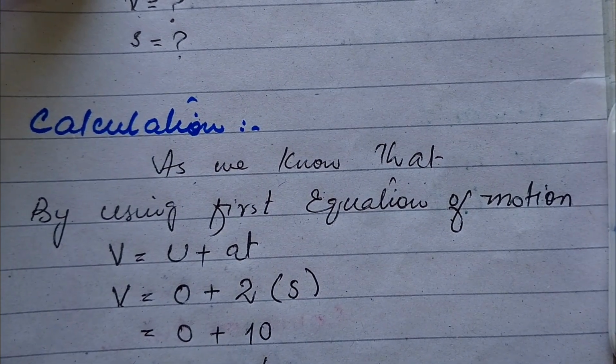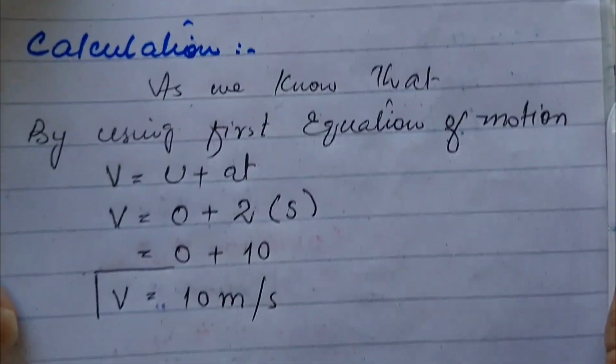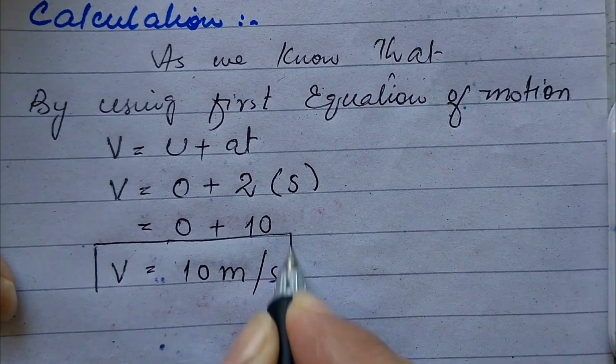So 5 twos are 10, 10 plus 0 equals 10 meter per second. So this is the final velocity.